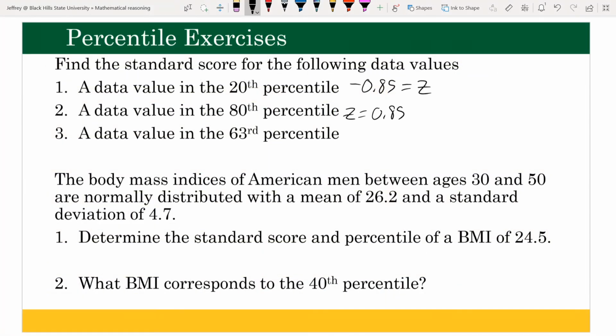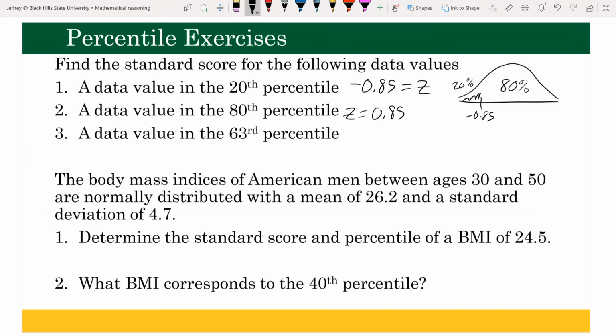Notice that these two answers are just the positive and negatives of each other. And this is just due to the symmetry: if I was to draw this out, and I had 20% in this left tail, well, the remainder must be 80%. So this was negative 0.85.